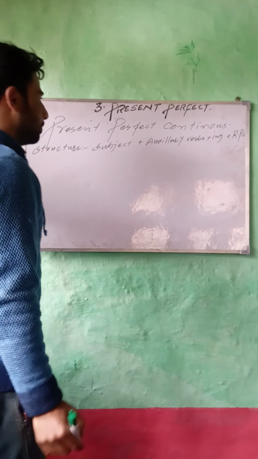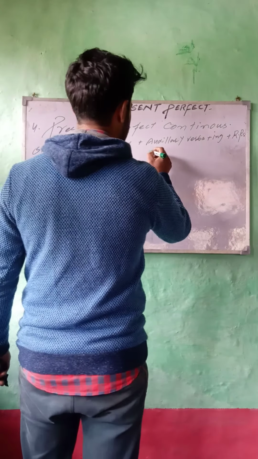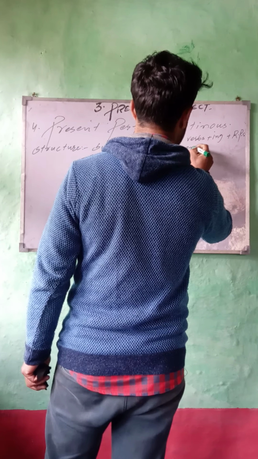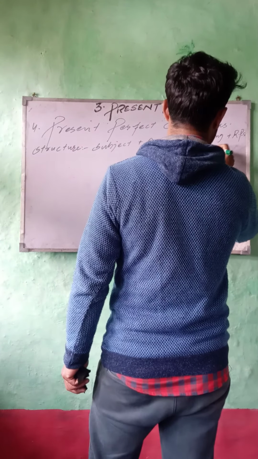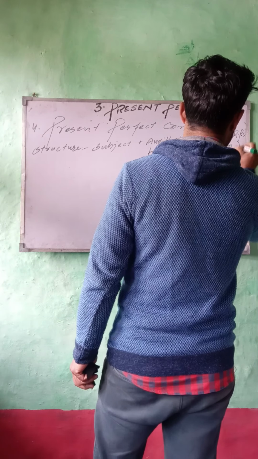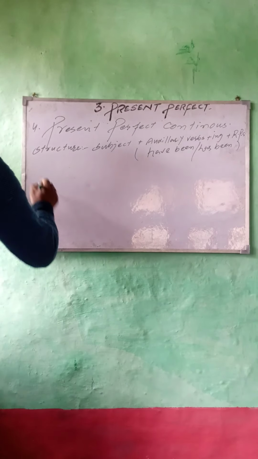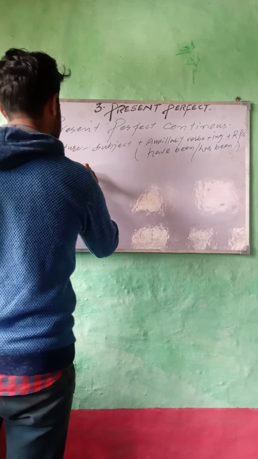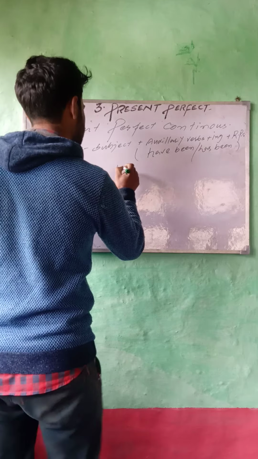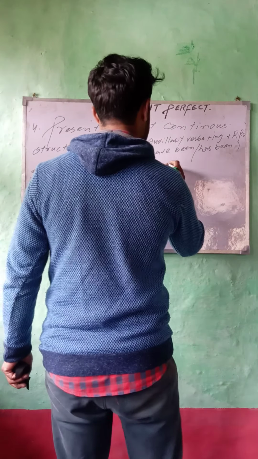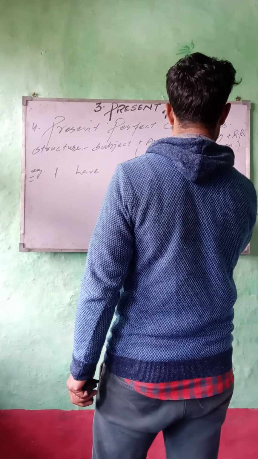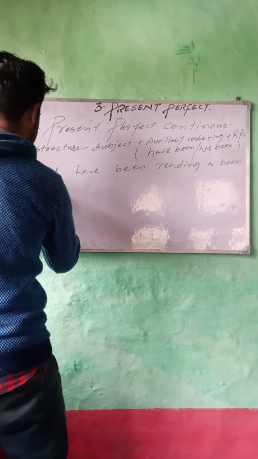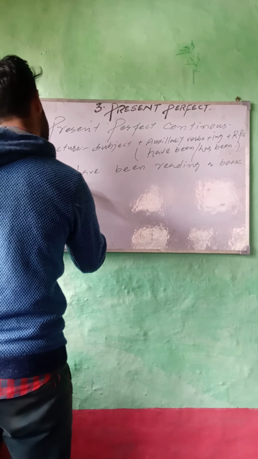In present perfect continuous, auxiliary verbs are have been, or has been. Example, I have been reading a book for 2 hours.